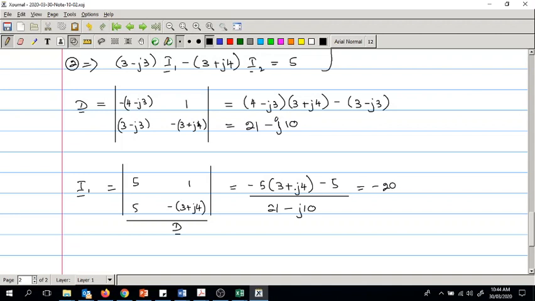Minus, you can use the calculator if you wish, but I'm doing it by hand.